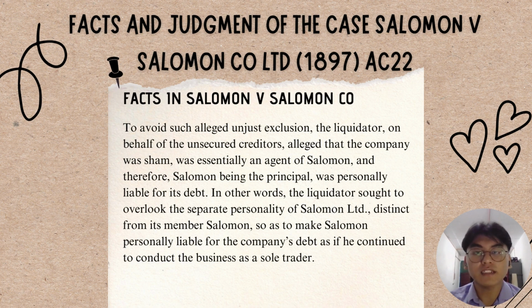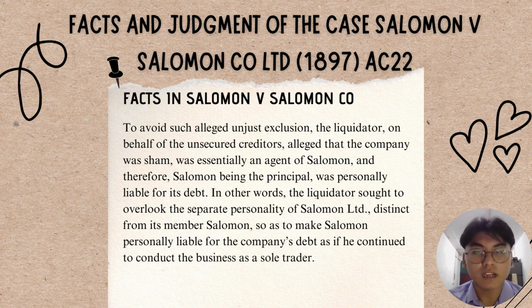To avoid such an unjust exclusion, the liquidator, on behalf of the unsecured creditors, alleged that the company was a sham, was essentially an agent of Salomon, and therefore Salomon, being the principal, was personally liable for its debt.